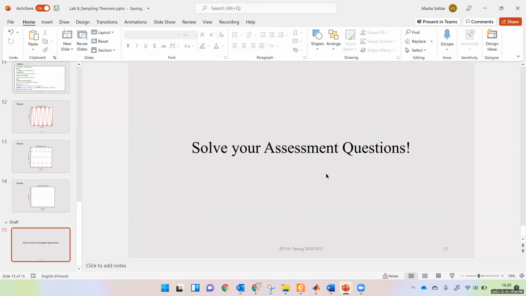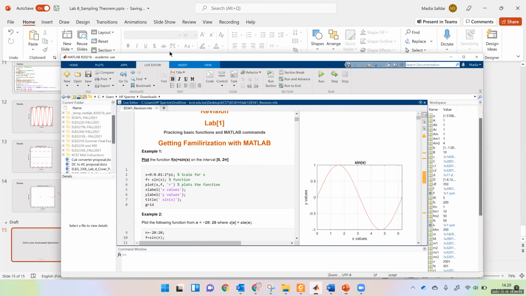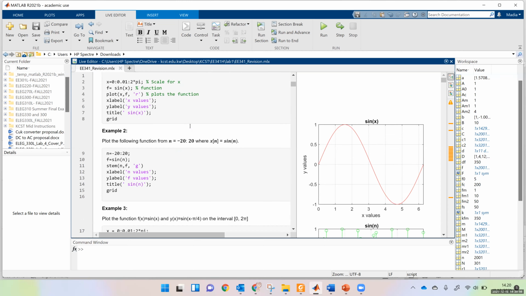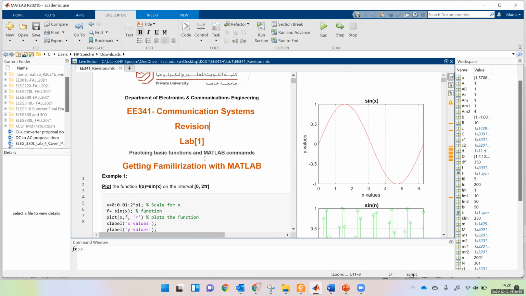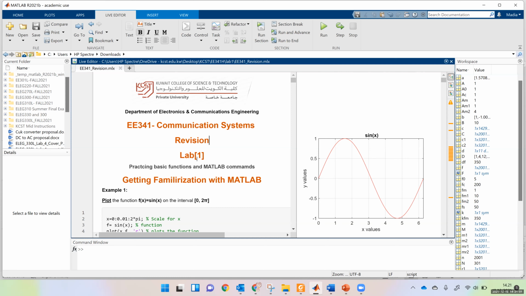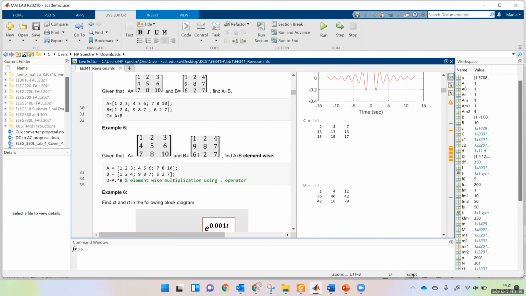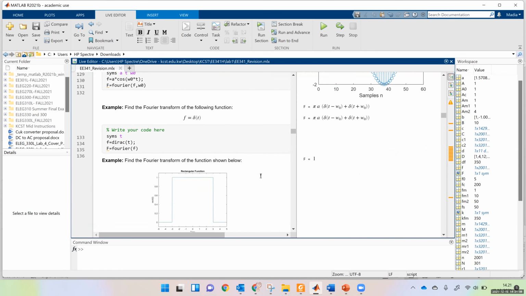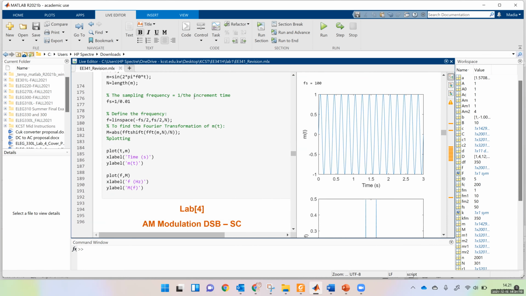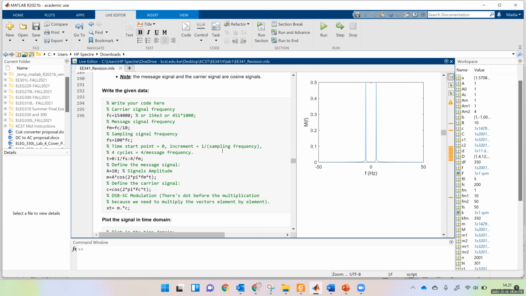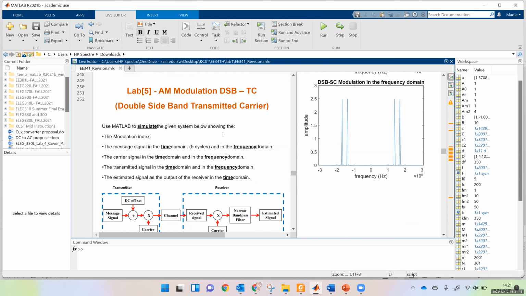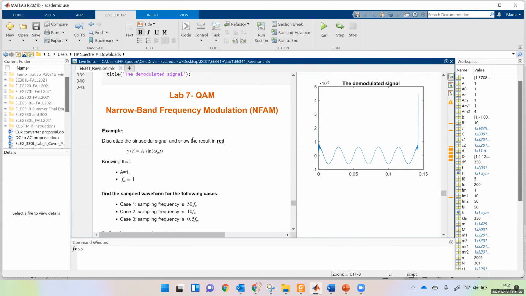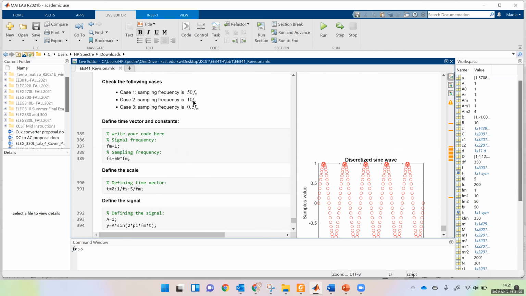So I have made this file, which is the revision, and it has all the examples from all your labs, starting from lab number 1, lab 2, lab 3, lab 4, lab 5, lab 6, lab 7, and lab 8.